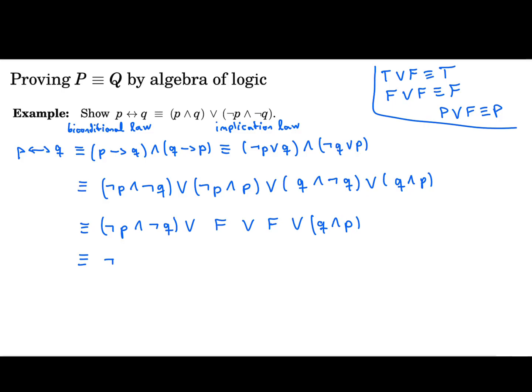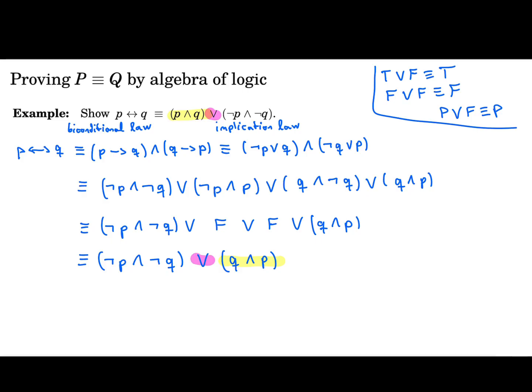And so you get not P and not Q, or Q and P. But that is essentially what we were trying to show. Q and P is just the same as P and Q. And then you have the OR here.